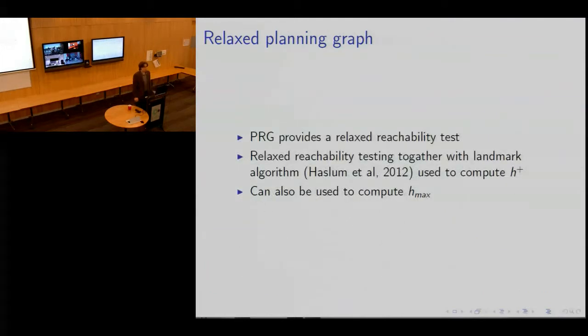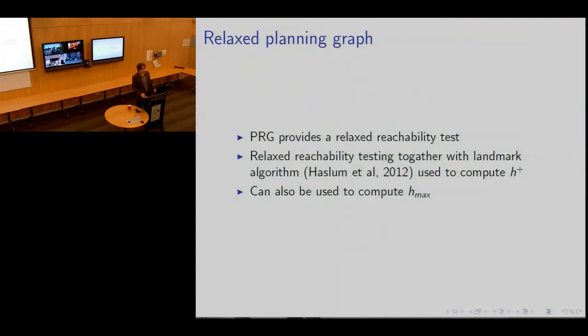Okay, so relaxed planning graph provides us with means of relaxed reachability testing. We use relaxed reachability testing together with the landmark algorithms in order to compute optimal delete relaxed plans, that is H+.